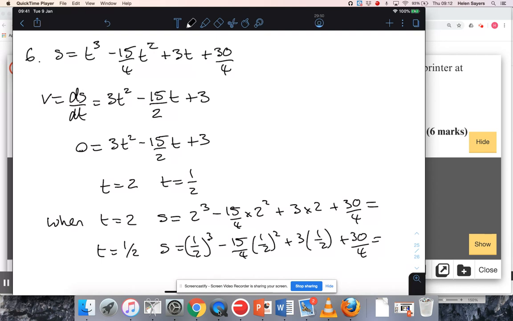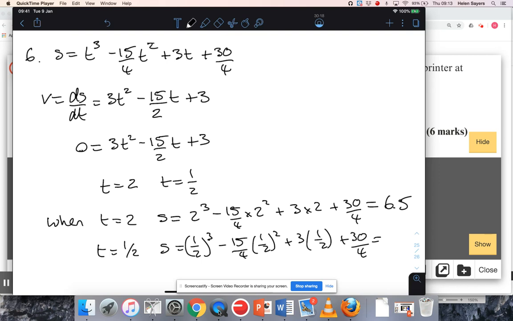So t cubed minus... okay, so that's giving me 6.5.